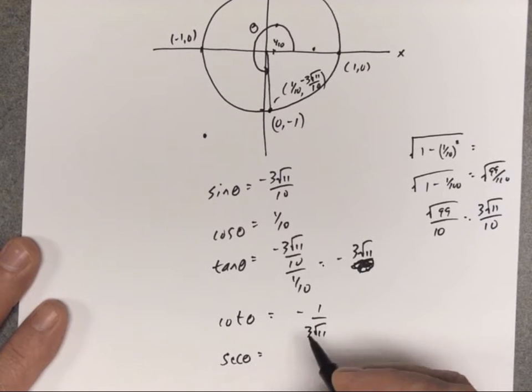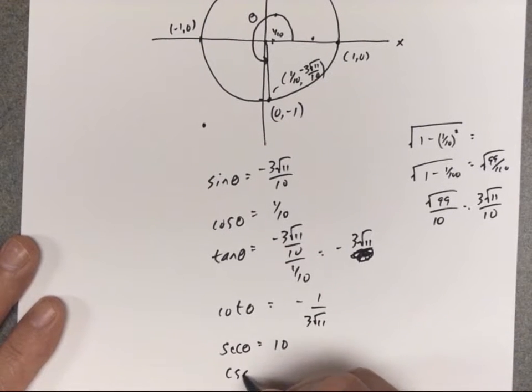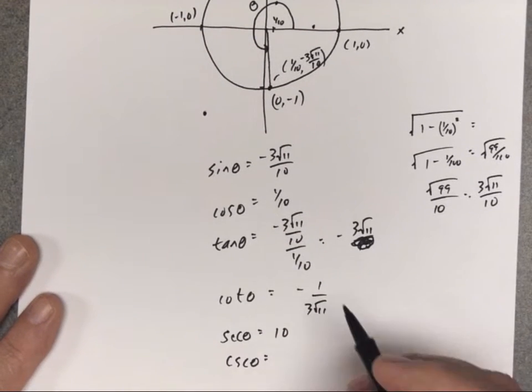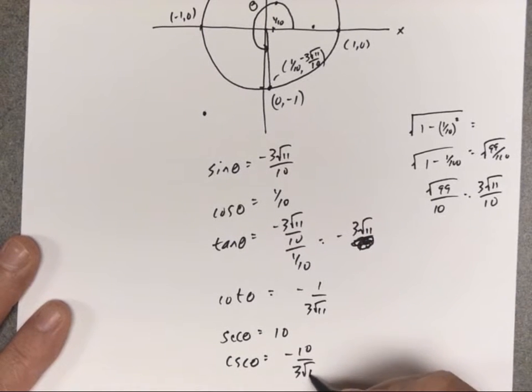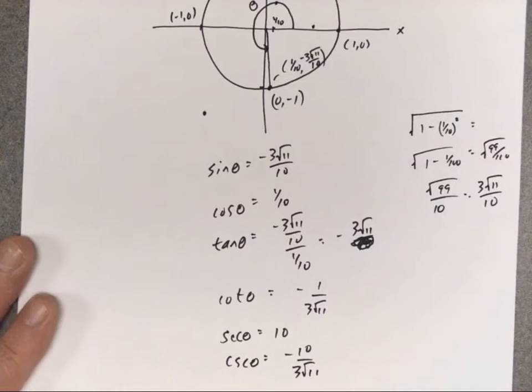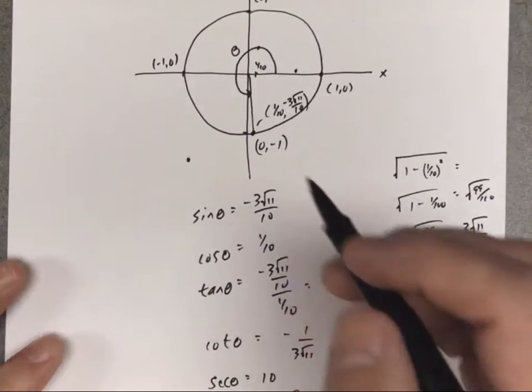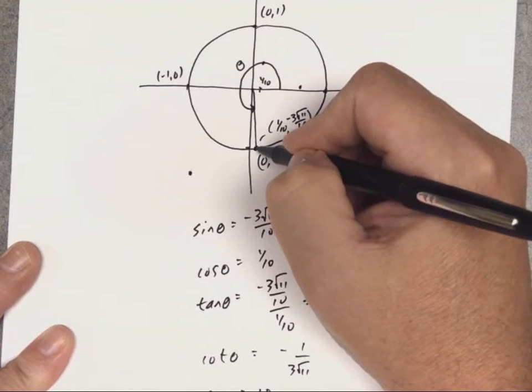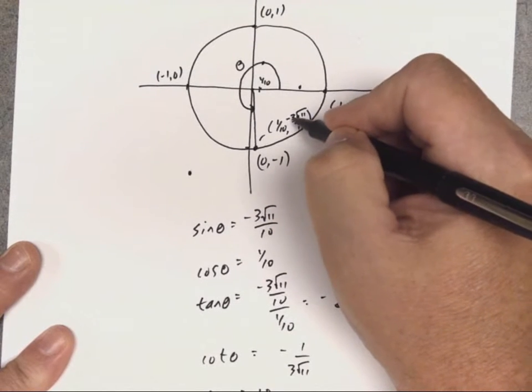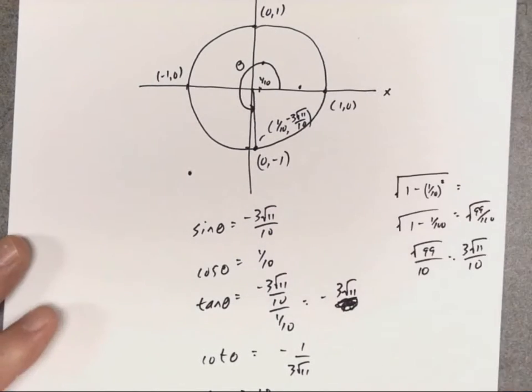Secant: flip the cosine, it's going to be 10. Cosecant: flip the sine, negative 10 over 3 square root of 11. And there I have now all 6 trig functions for the angle that's created by using this point here, 1/10, negative 3 square root of 11 over 10.